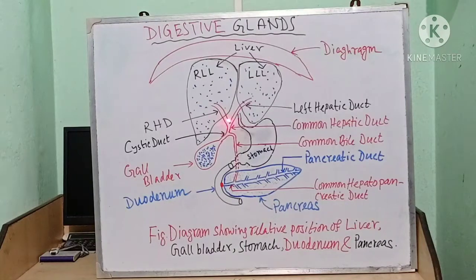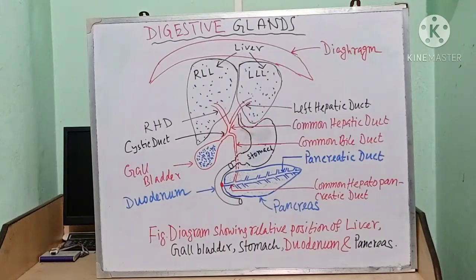And the upper portion of the liver is convex, and the lower portion of the liver is concave.